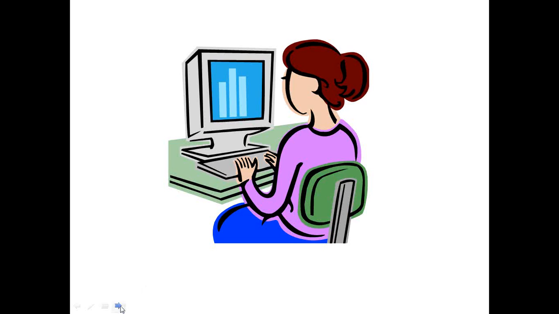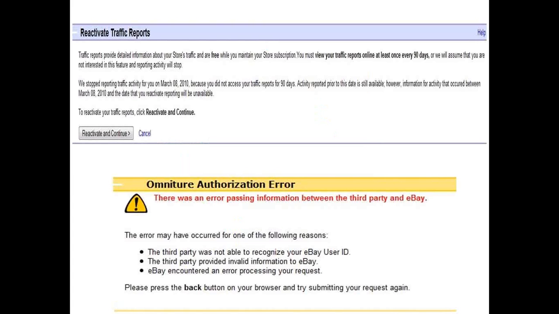Now, this is the report that I get on my account, and this is what happens when you let it sit for too long and you don't go check your report. It says traffic reports provide detailed information. You must view your traffic report online at least once every 90 days, or we will assume that you are not interested in this feature and reporting activity will stop.